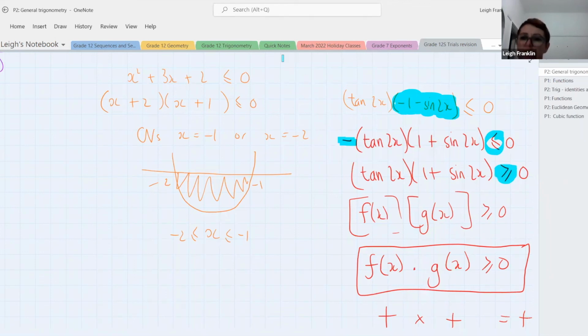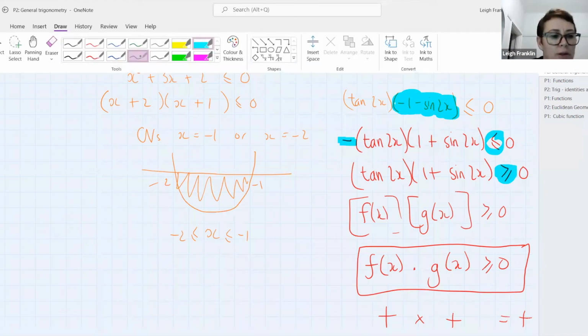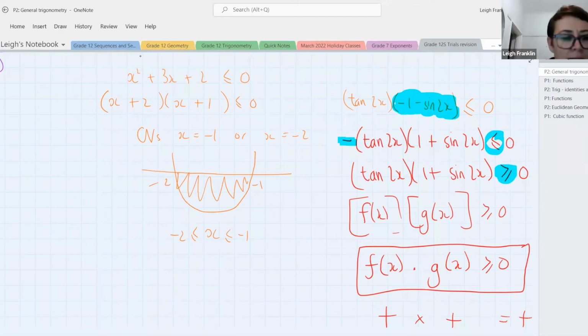Ma'am, does that mean that every time we divide, the inequality sign changes, or only when it's a negative number? Absolutely, only when it's negative. The easiest way for me to explain it is like this. If I write here that 6 is smaller than 10, I've written a true statement.